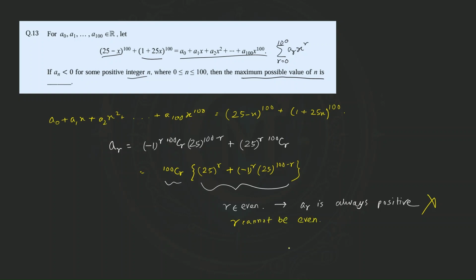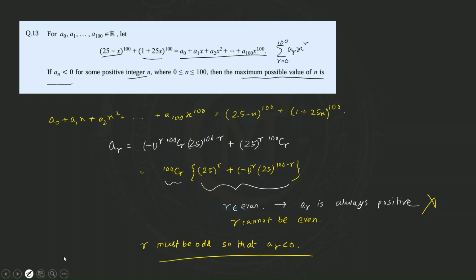So we have to choose this r, or more specifically it is an, so this n has to be surely an odd number. That is the catch. So we can say this n here, or r here, must be odd so that ar is negative.